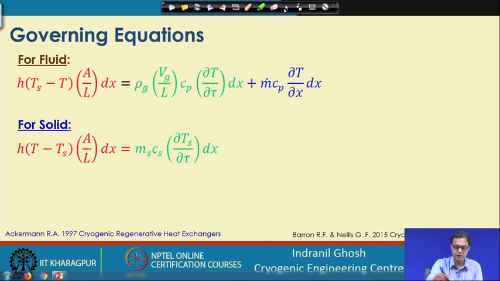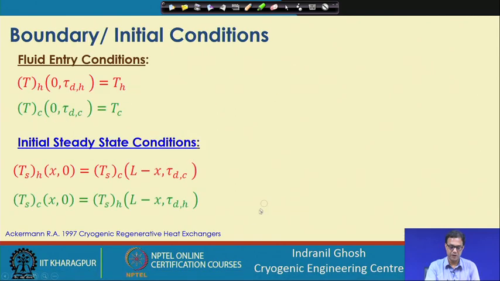And when we write any differential equation, particularly involving time and space, we have to use some kind of boundary conditions or initial conditions to solve this equation. So, these are the boundary conditions, the fluid entry condition, as we have written here, as in Ackerman's cryogenic regenerative heat exchanger book.